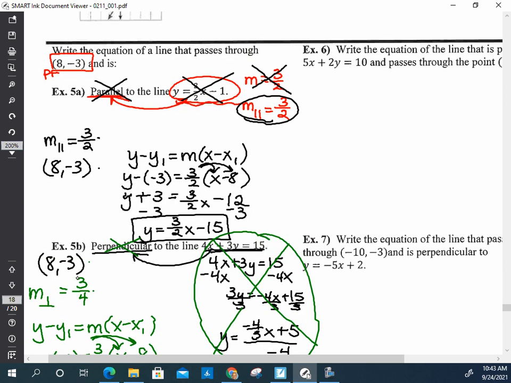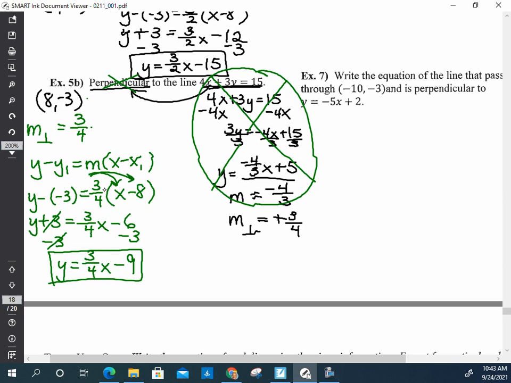Parallel, remember the slopes have to match original equation to new equation. Perpendicular, the slopes have to be opposites and reciprocal from original equation to new equation. That's essentially how you solve out the problem.